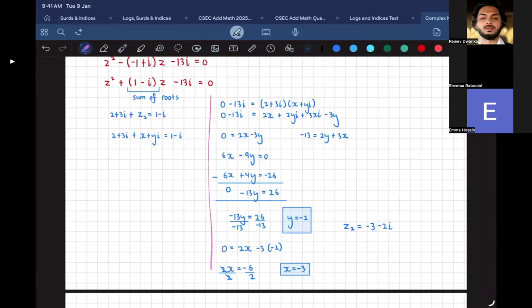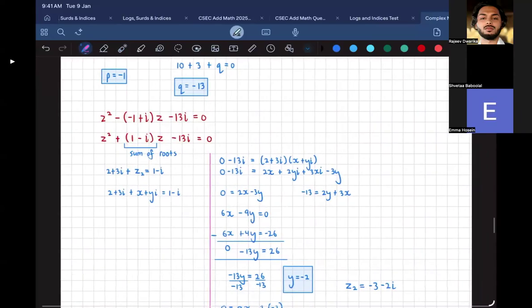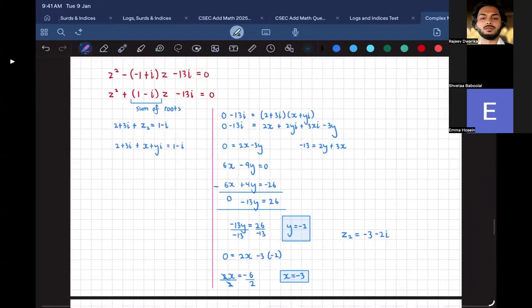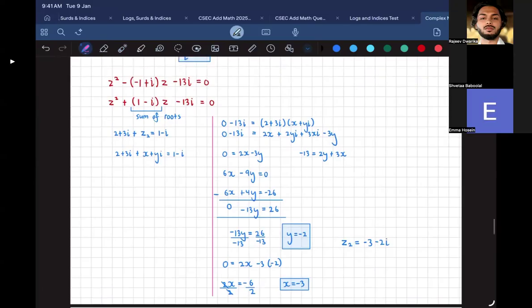I'm not gonna stop until we figure it out. Even when I did the quadratic rule thing, I got 2 plus 3i and minus 3 minus 2i, so I think you would get a different answer anyway.